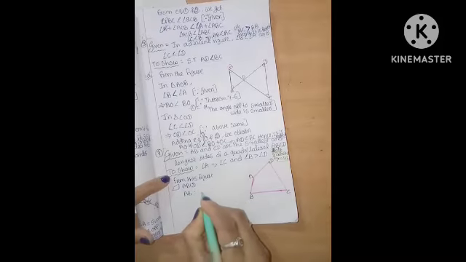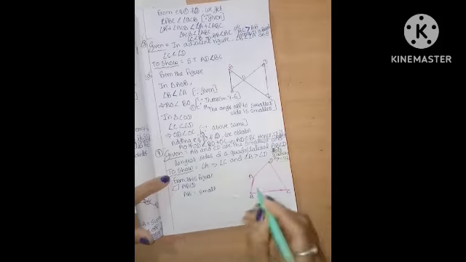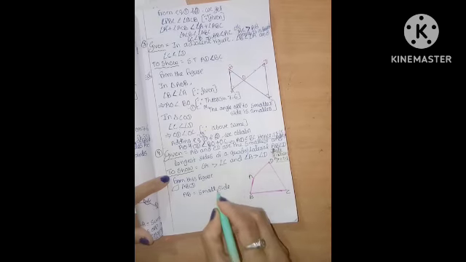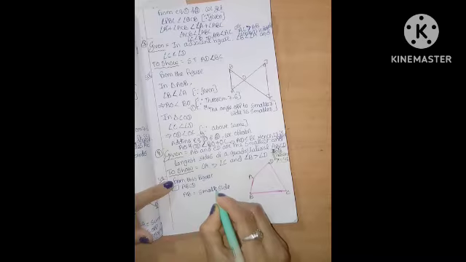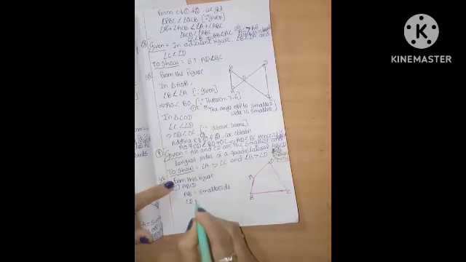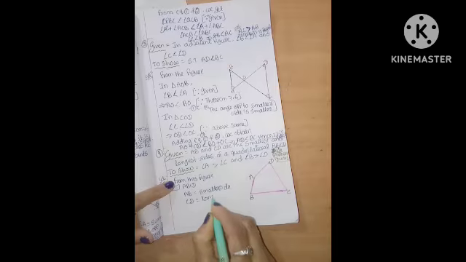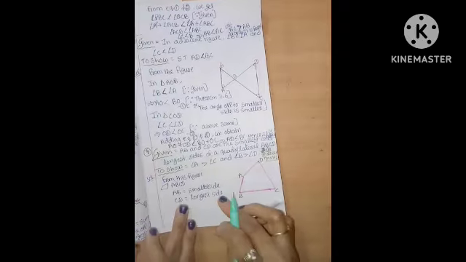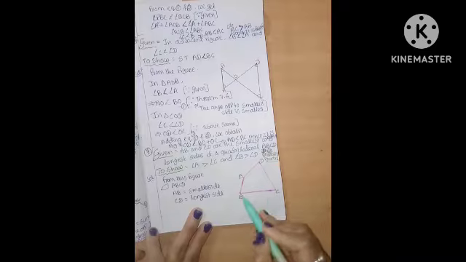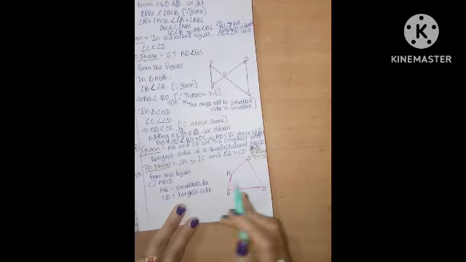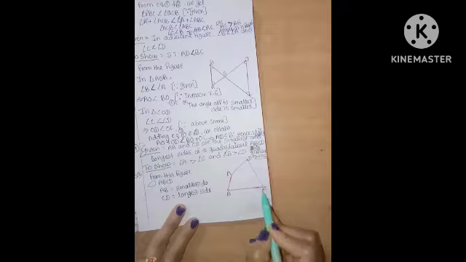AB is the smallest side, and CD is the longest side. These two are given. So this is the quadrilateral ABCD, and it is not a triangle, so we need to construct a triangle by construction.